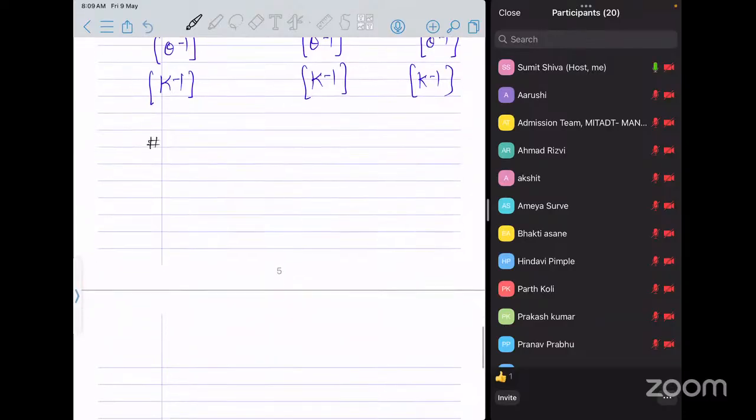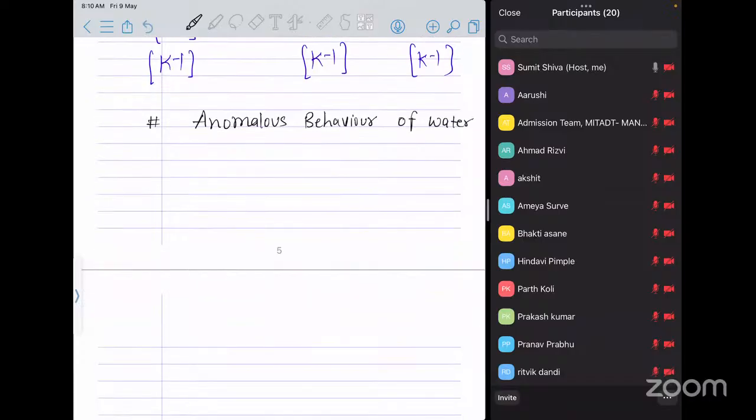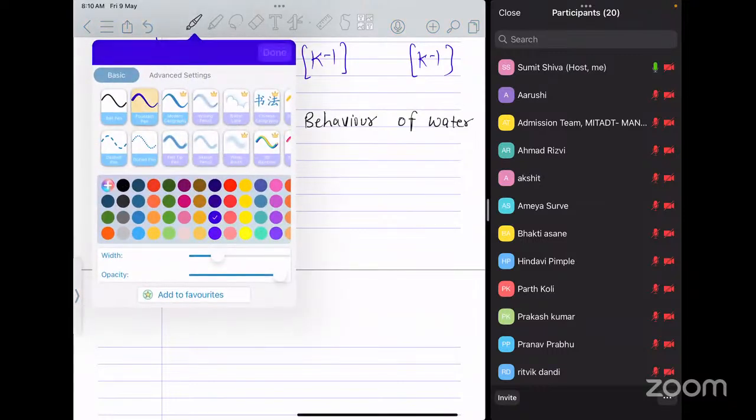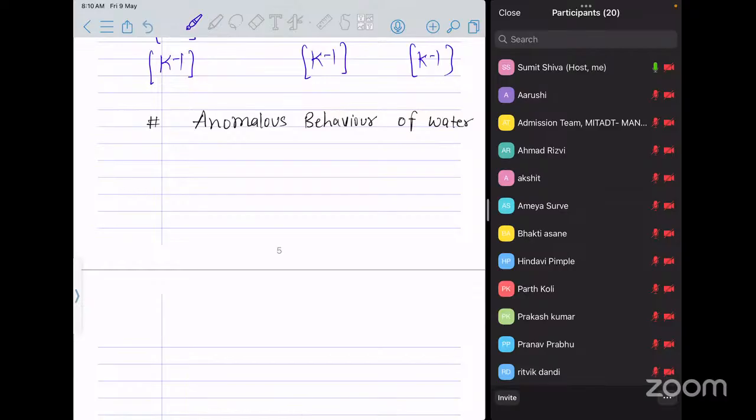Next is anomalous behavior. An important point in the anomalous behavior of water is that if you heat water between 0 degrees Celsius to 4 degrees Celsius, basically on heating, I already told you in the starting of the session that on heating material will expand.